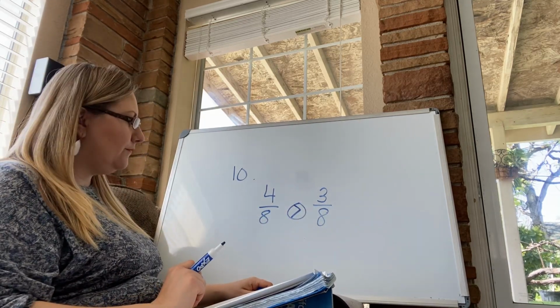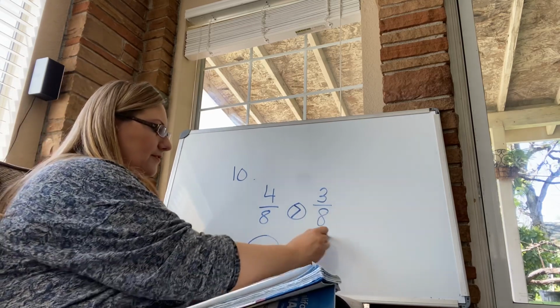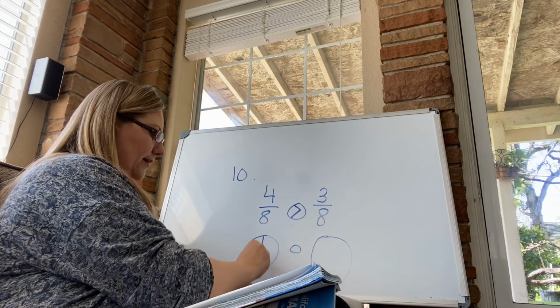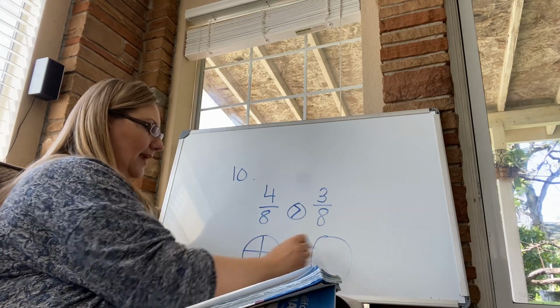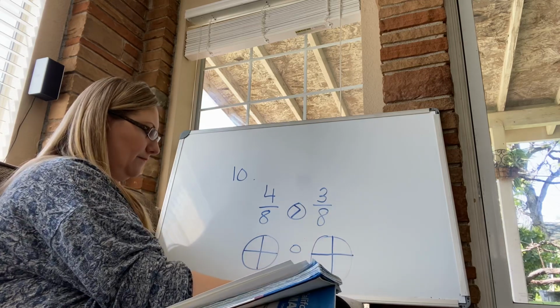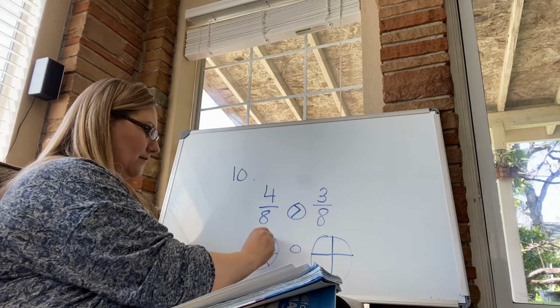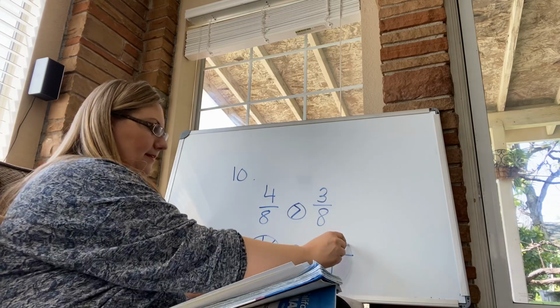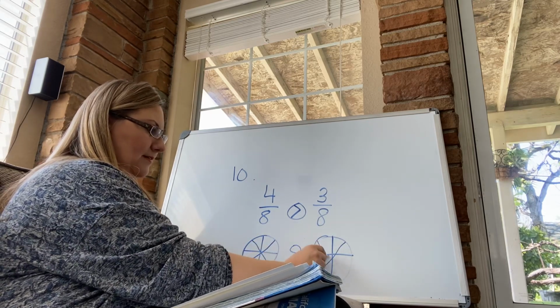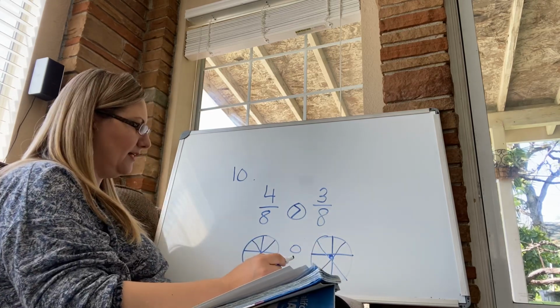Okay, so for this one, you could draw 2 circles and cut both circles into eighths. Make your cut straight, and then cut them again. Cut that again. Cut this one in half again. Oops, I didn't quite get the center, did I? Didn't quite do that right.